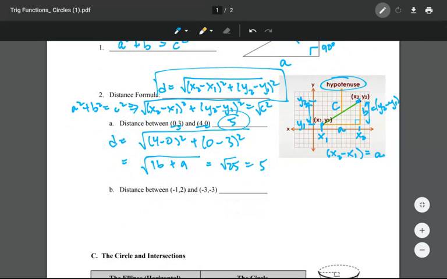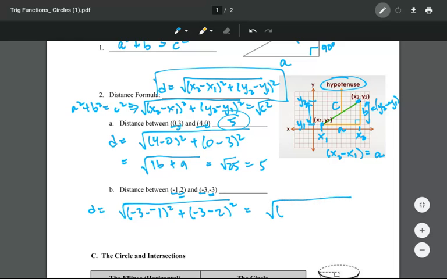Okay, part B. So now let's take a look at the distance between (negative 1, 2) and (negative 3, negative 3). So the distance is equal to the square root of the difference in my x's squared. So that's going to be (negative 3 minus negative 1) squared plus the difference in my y's squared, (negative 3 minus 2) squared.